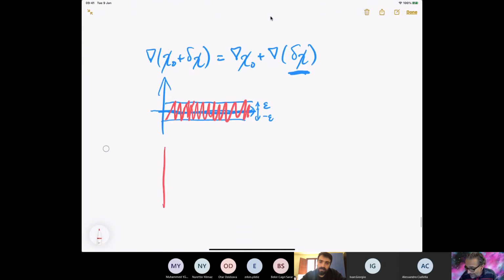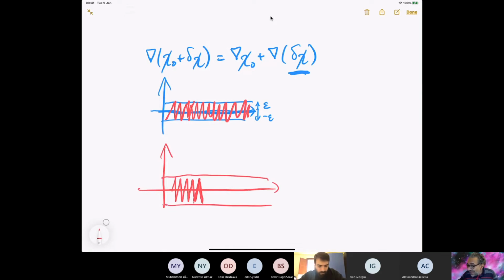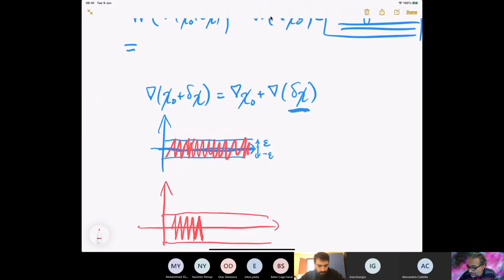If I build this function, it is continuous, and the derivative is discontinuous in this point, but you can calculate the integral of a function discontinuous in one point. And here the slope is very stiff, positive, and here you have a very stiff slope, negative. So in general, it is not true that you can commute the delta with the gradient.